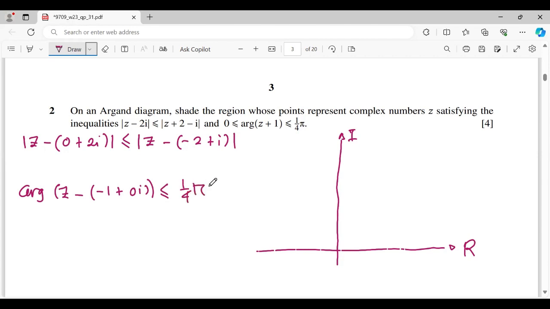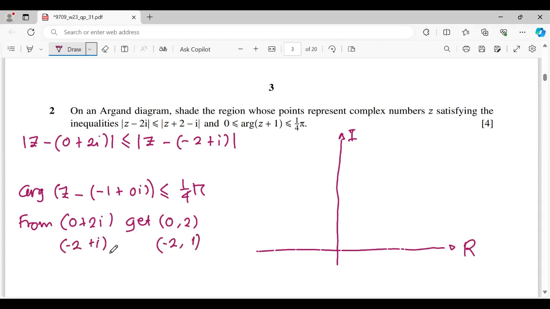Now, from 0 plus 2i, we get the coordinate point 0, 2. And from minus 2 plus i, we get the coordinate point minus 2, 1.